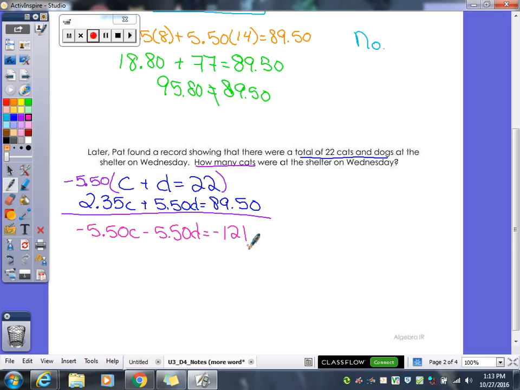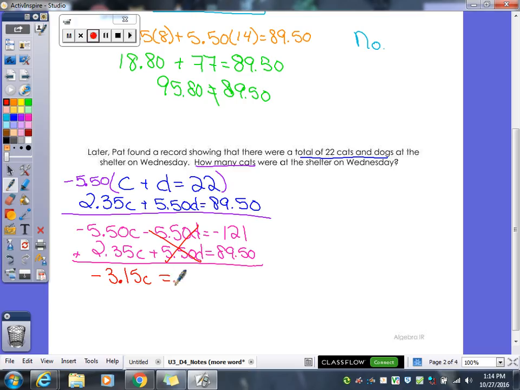All right. So I'm going to write the other equation underneath. So then we're going to add our two equations together. So negative 550 plus 2.35. Negative 3.15. Good. Our D's are gone. They eliminate each other. So negative 121 plus 8950.